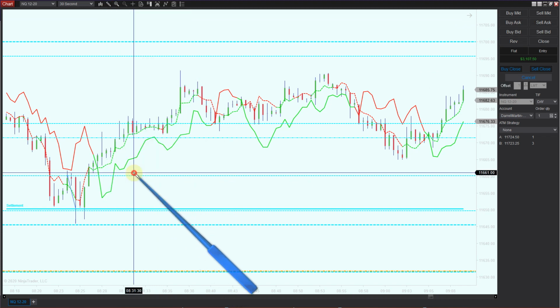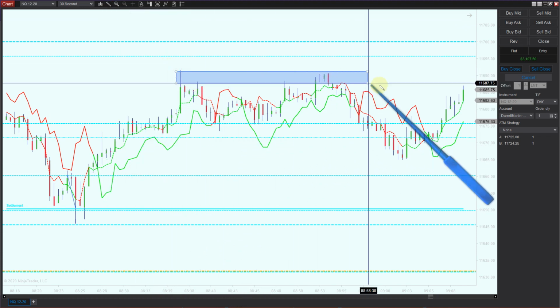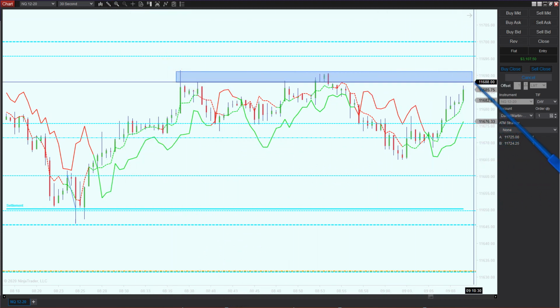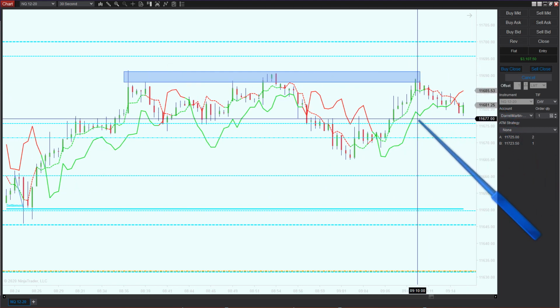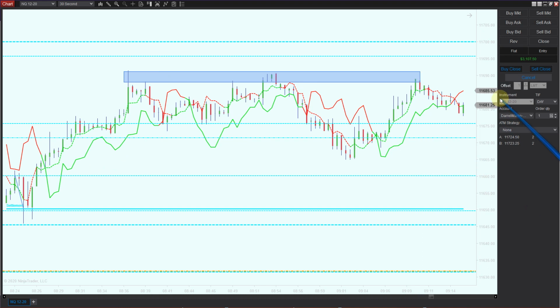So if I go over here, y'all see this resistance right here? Look at that. Are you glad you paid attention to resistance? Is this something some of y'all have been missing?